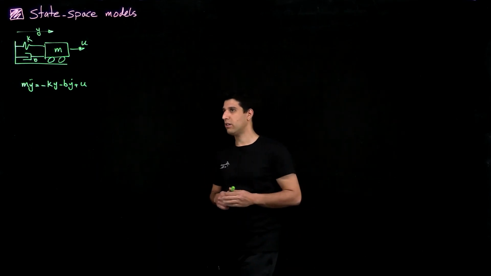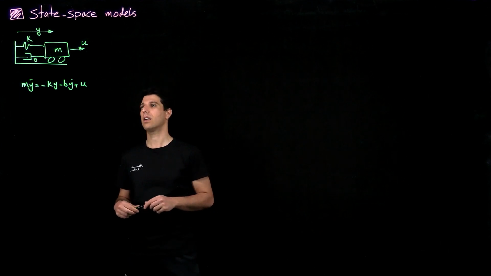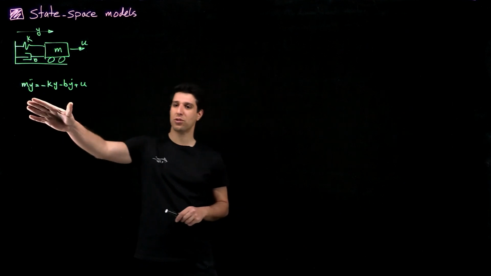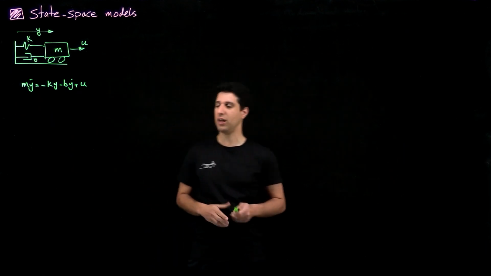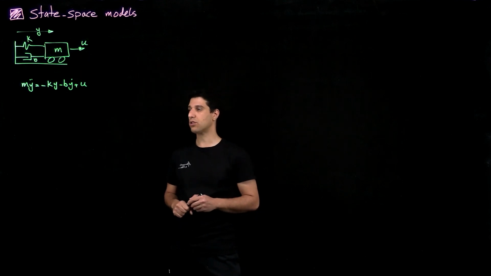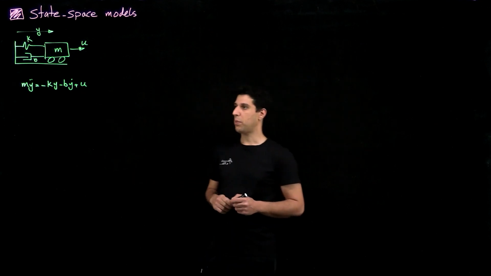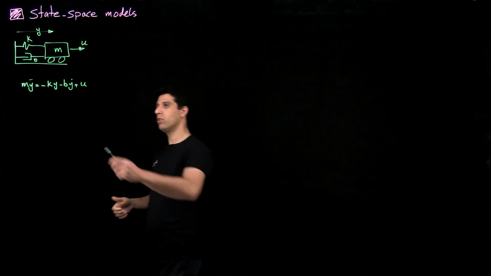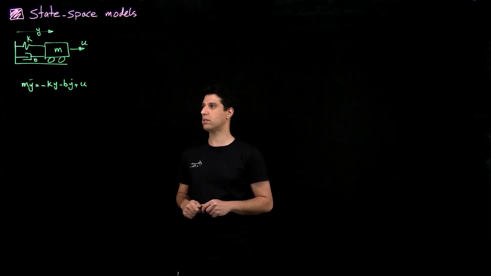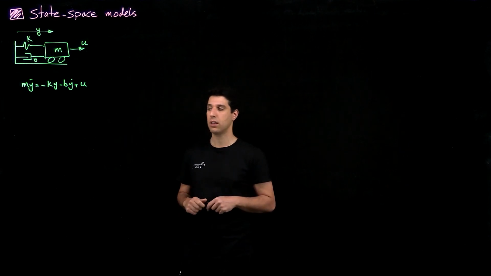Here is our famous example, a cart, a mass spring damper system. I'm not going to redo the free body diagram. This is the equation of motion. Now let's try to rewrite this system in a state space form. Note that we have here y double dot, and for a state space equation, we said we always want the first time derivative.